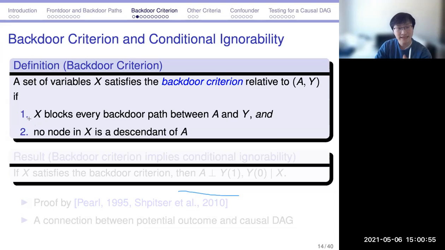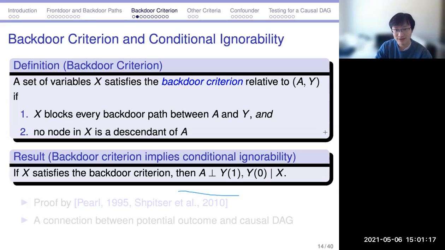One is that X blocks every backdoor path between A and Y. And the second is that no node in X is a descendant of A. We'll see examples and intuitions for this criterion shortly. But first, let's give the results that we've been waiting for. If X satisfies the backdoor criterion, then we have conditional ignorability.